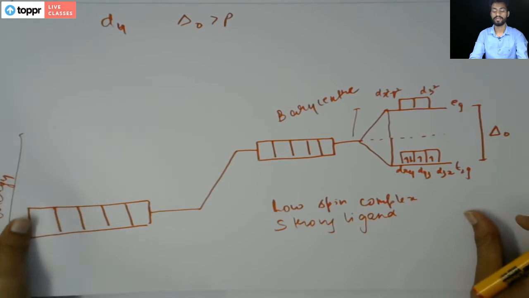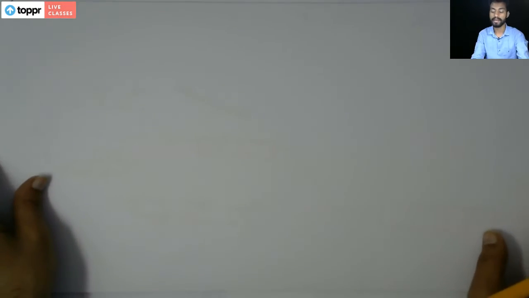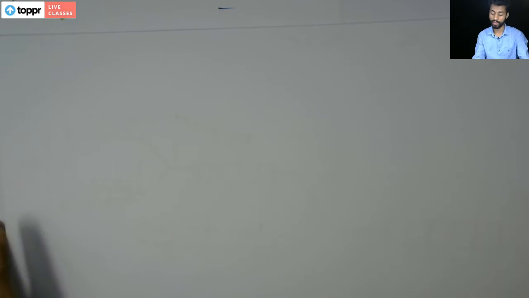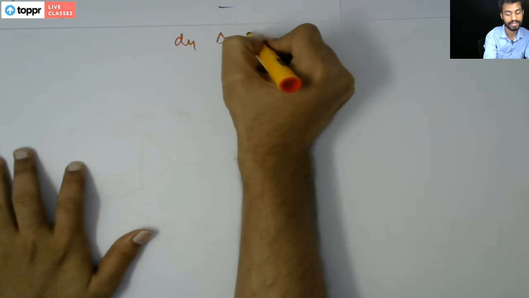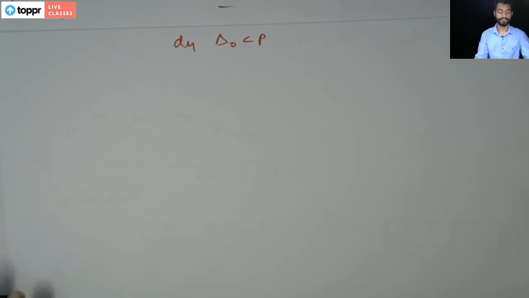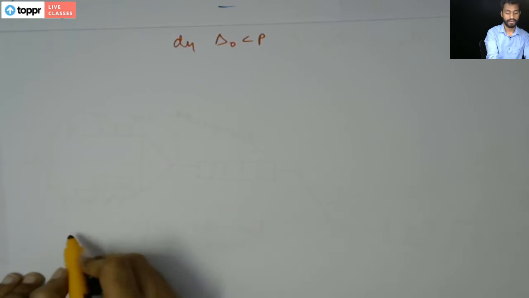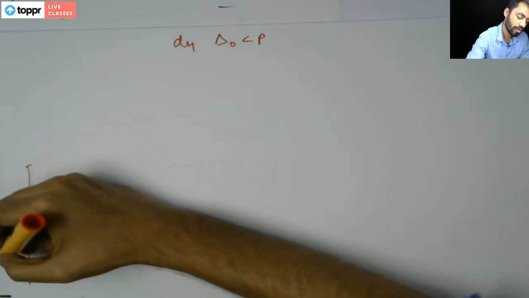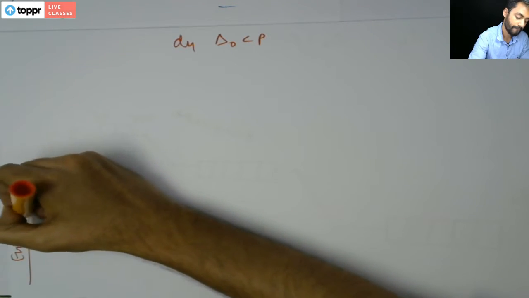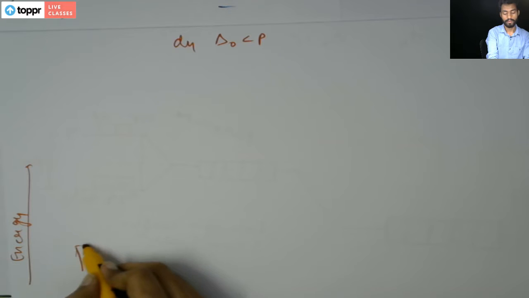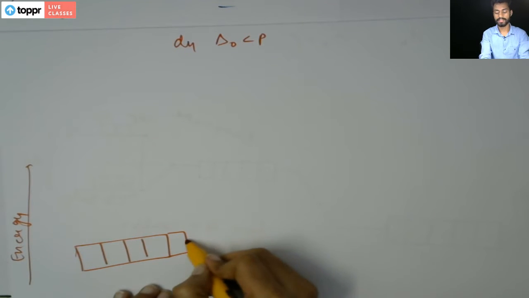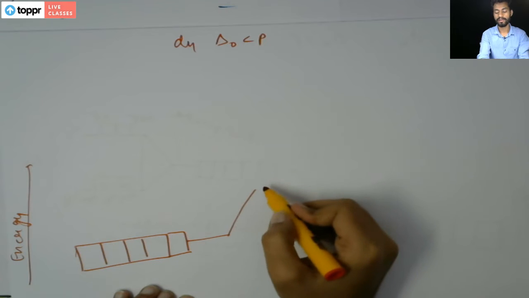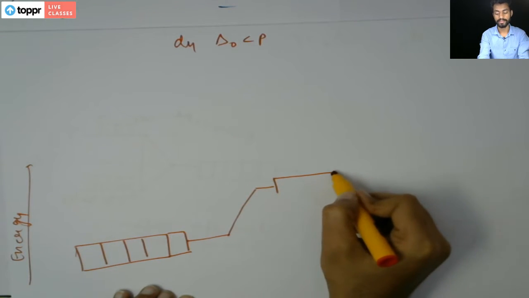Now let's see the condition of delta O less than pairing energy for a d4 configuration. For d4, delta O less than pairing energy. I'll redraw the diagram. Energy, all the degenerate orbitals. Now, as the point charges approach the central metal atom, energy will increase.